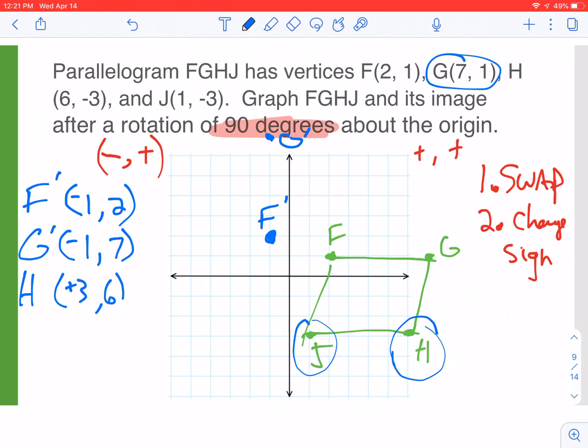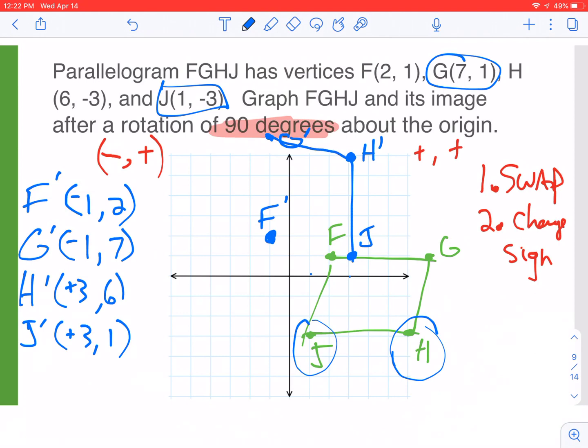But now I make the 3 a positive because hold on. 1, 2, 3, 4, 5, 6. So there's H prime. So now that's 3, 6. Lastly, I have a 1, -3. I'm going to flip them. But then I make that positive. And so that ends up there.